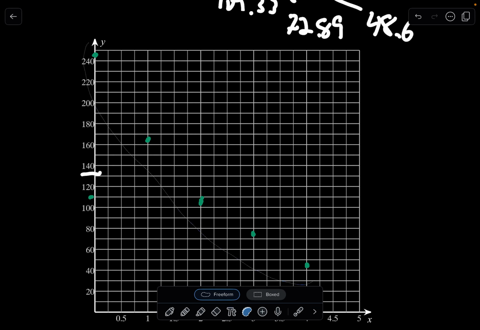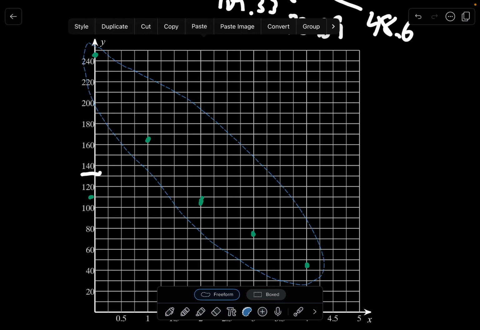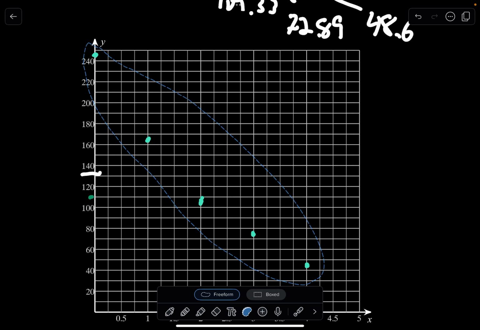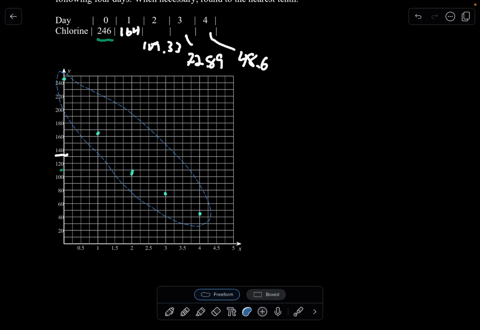It's actually something called exponential. Okay, and we'll get into that a ways away. It's probably going to be second semester when we get to it, but it's definitely not a line. It's curved.